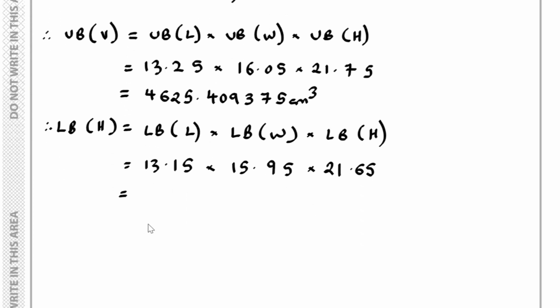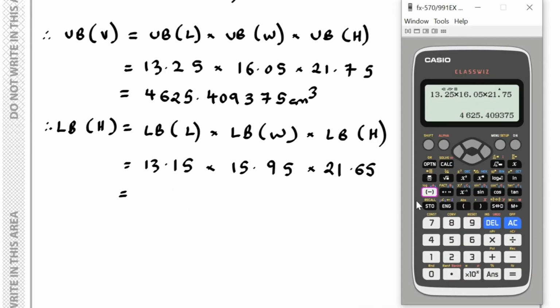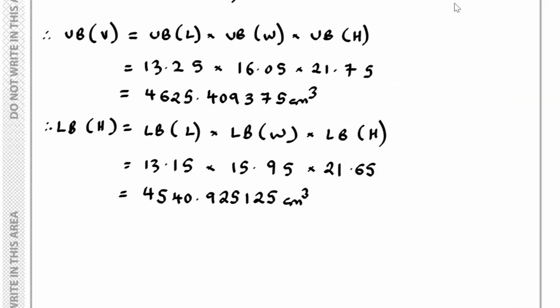So if we work out what this is, well, let's just store this into A. It turns out we get 4,540.925125 centimeters cubed. Now let's just store this into B just in case we need it later on.